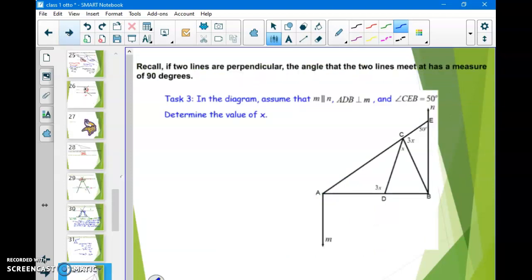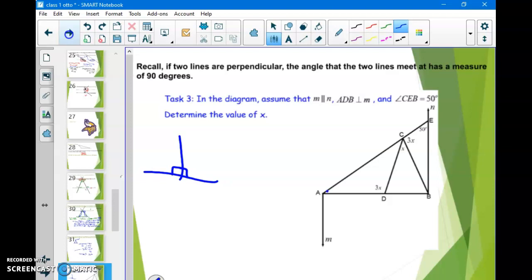Alright, so we have another cool problem. Recall that two lines are perpendicular. Now, perpendicular we haven't talked much about. Perpendicular means they run into each other at right angles. So we know that two lines meet at the measure of 90 degrees.